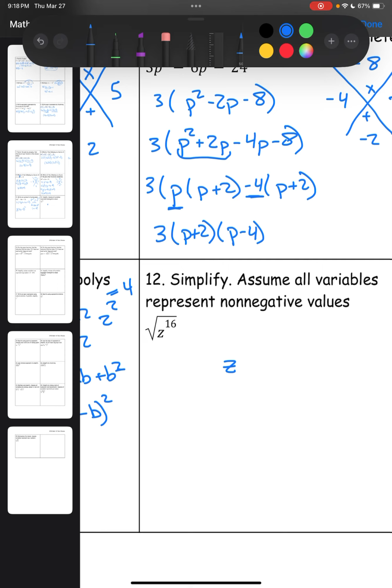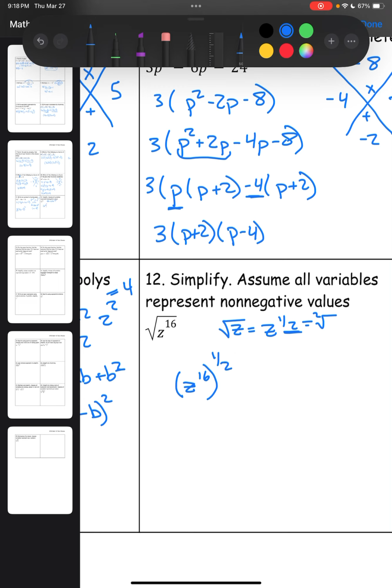You could write out z 16 times and see the pairs, but I'm going to show you a way that's quicker, because you know that the square root of z is actually z to the half, because that halving is equal to the square root. So what we're doing here is z to the 16th being raised to the half.